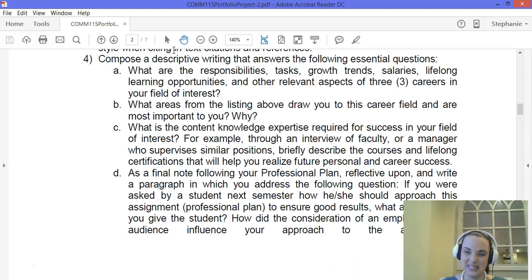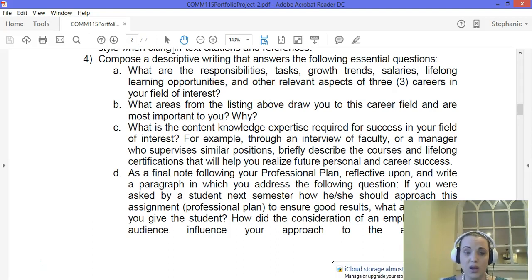That's more research. Going back to the business example, you would want to research salaries for a director of sales, salaries for a general manager, and salaries for an area manager in a specific field. You'd want to talk about lifelong learning opportunities. If you have a major in business, there's always going to be room for you to learn different things later on.